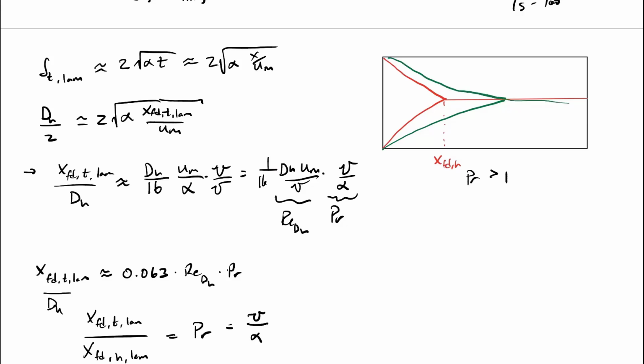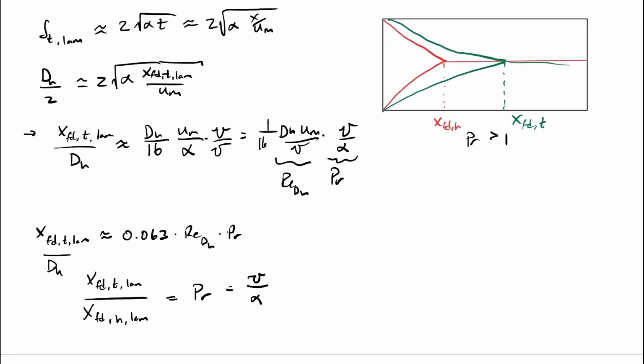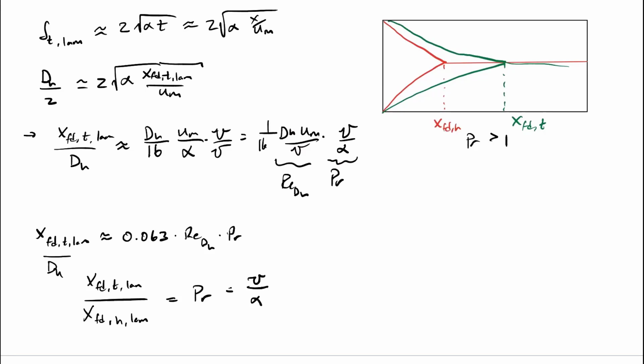So this is going to be our X_FD,T. Because the momentum boundary layer in a Prandtl number greater than 1 is growing faster than the thermal boundary layer is growing, they're going to meet sooner, and you're going to have a fully developed velocity boundary layer faster than you would a fully developed thermal boundary layer. You can do the same thing for the other way around, but of course you can imagine it just flips. So I won't draw that one.